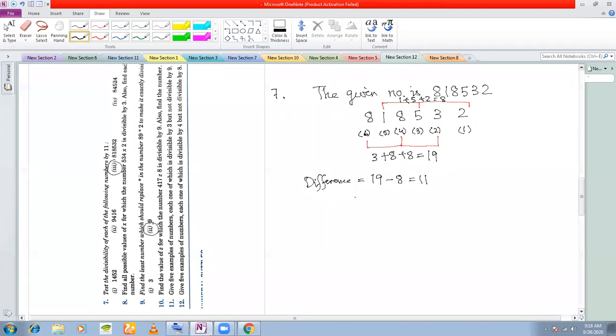So is 11 a multiple of 11? 11 is divisible by 11. Since 11 is divisible by 11, therefore 818532 is also divisible by 11. Any questions?